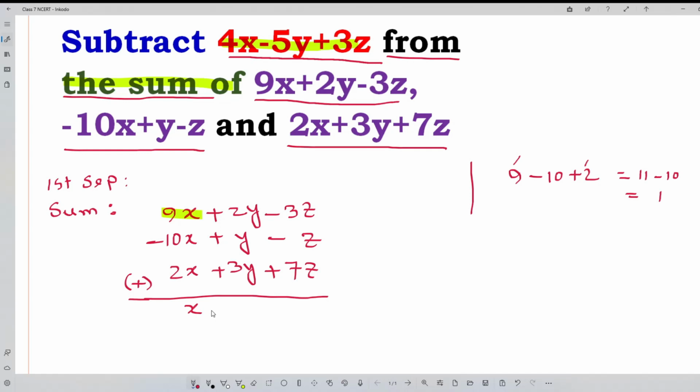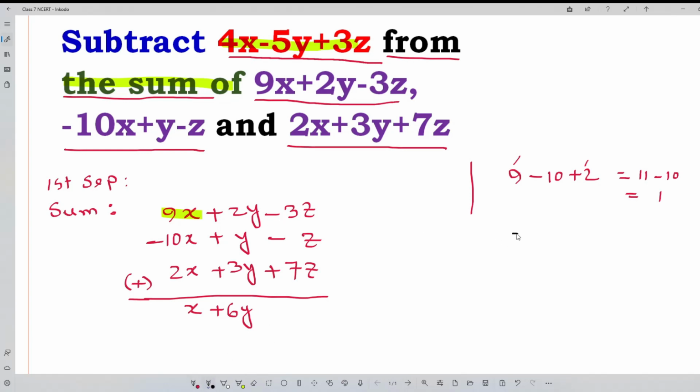Okay, then plus. The coefficient of y is 2, here is 1, here is 3. So 3 plus 1 is 4, 4 plus 2 means 6, and here is y. Then look, here is plus or minus, we will put it later.